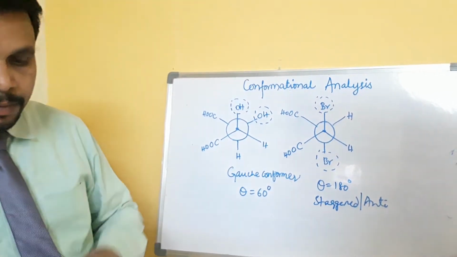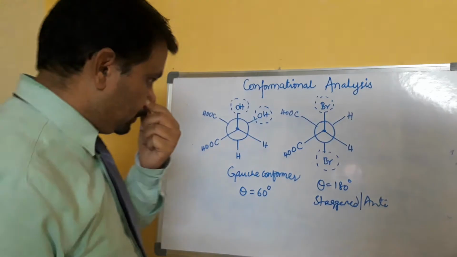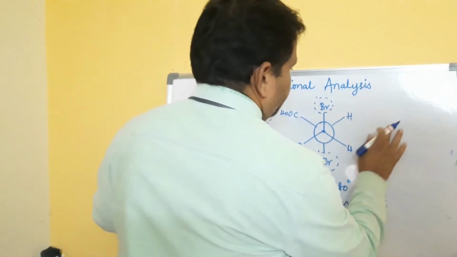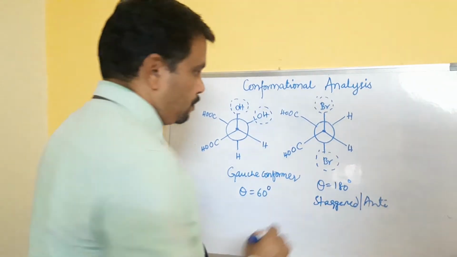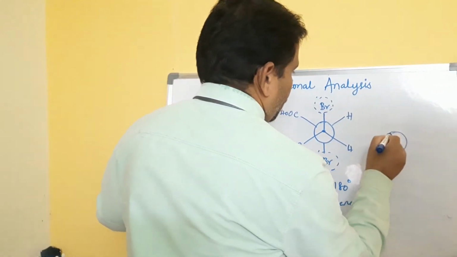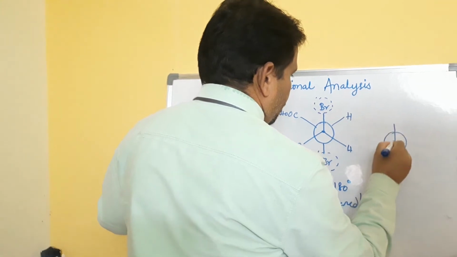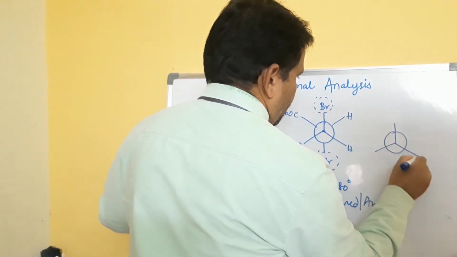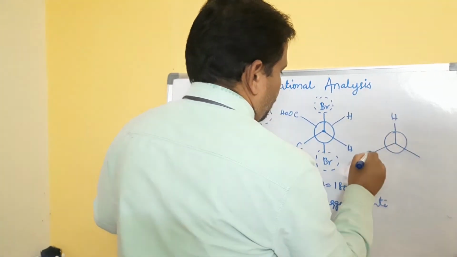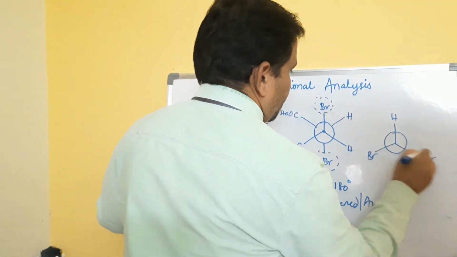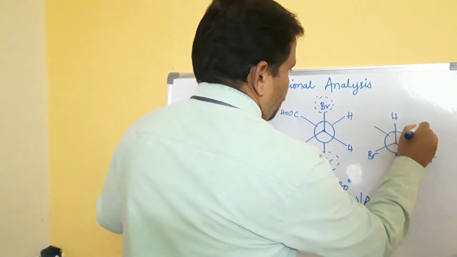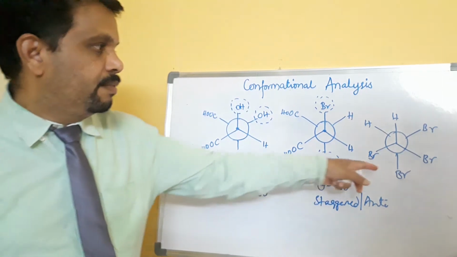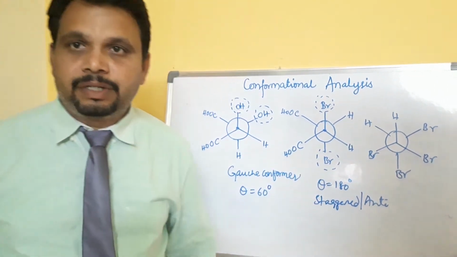Suppose I give you one more example: hydrogen, bromine, bromine, bromine, bromine, bromine. When a conformer exists like this, how can you name it?